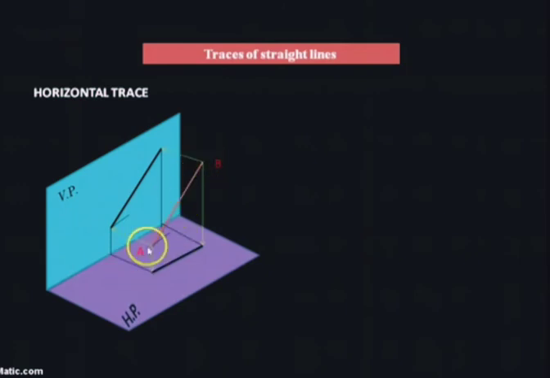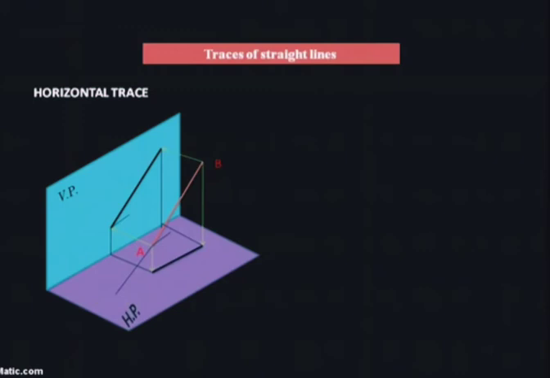When extended, it will intersect the horizontal plane at some point. That point is called the horizontal trace. We need to locate this point, and it will automatically be the horizontal trace.